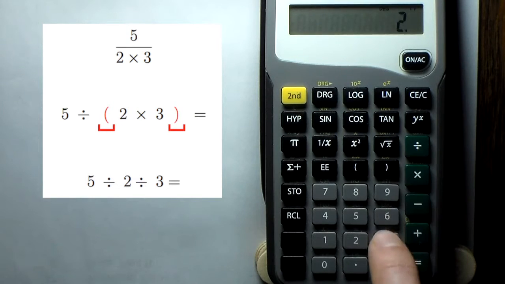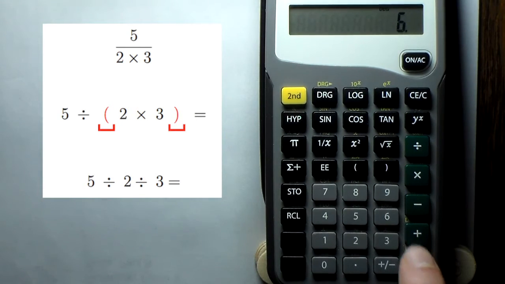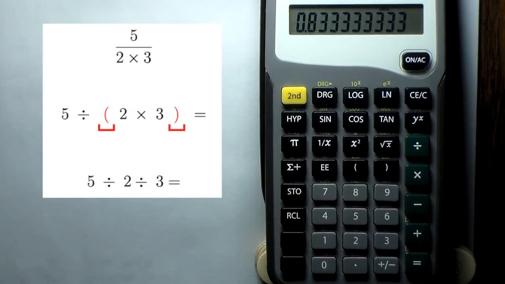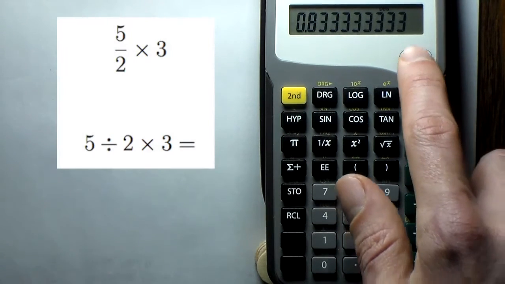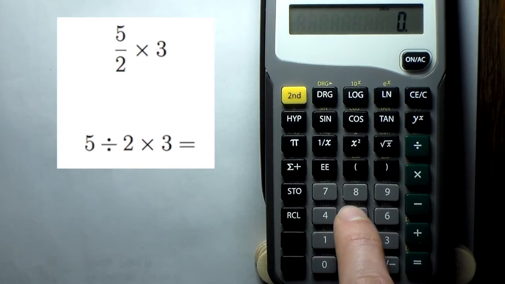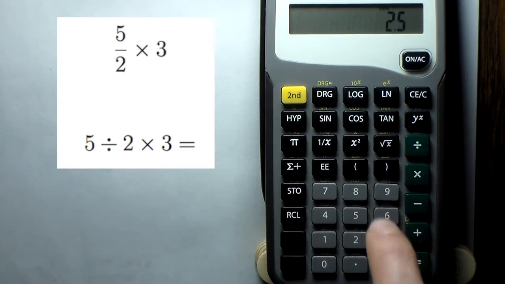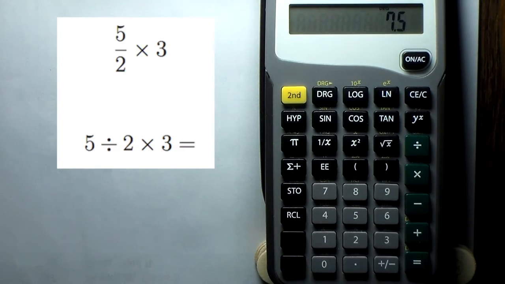So you go here 2 times 3, which is going to be 6, obviously. So then you're going to get 5/6, or 0.833333. Again, that'd be very different than going here 5 divided by 2 times 3, which gives you 7.5. Obviously the wrong answer, because that's going to be 15 divided by 2, which is very different.